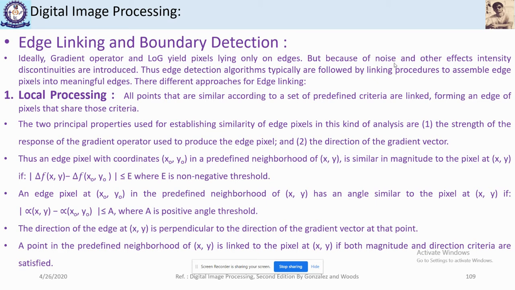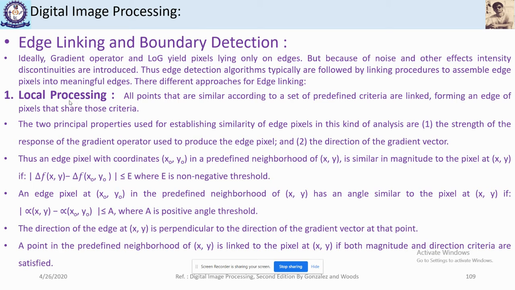So, as I have told, to avoid these discontinuities in the intensity, a linking procedure is followed after the gradient or the Laplacian, so that we get a meaningful edge out of the image. So there are different approaches suggested for edge linking.